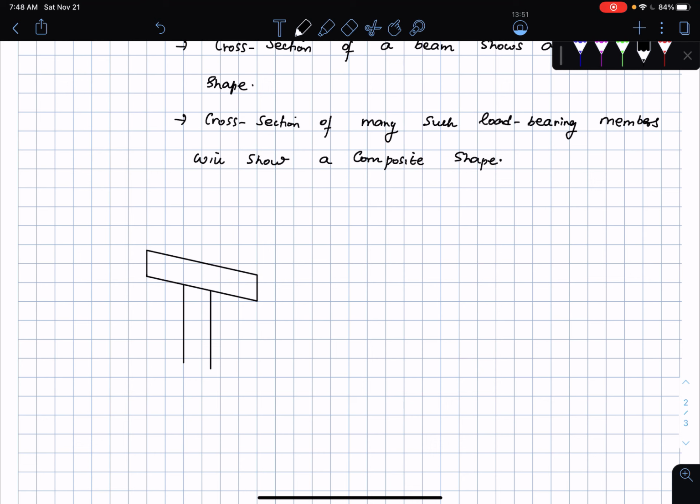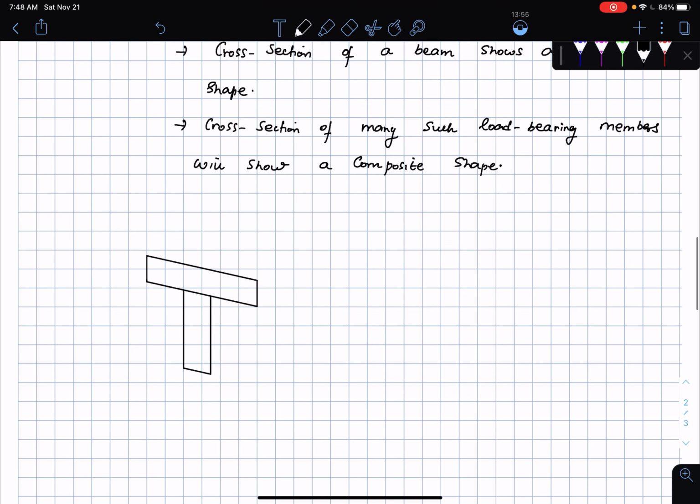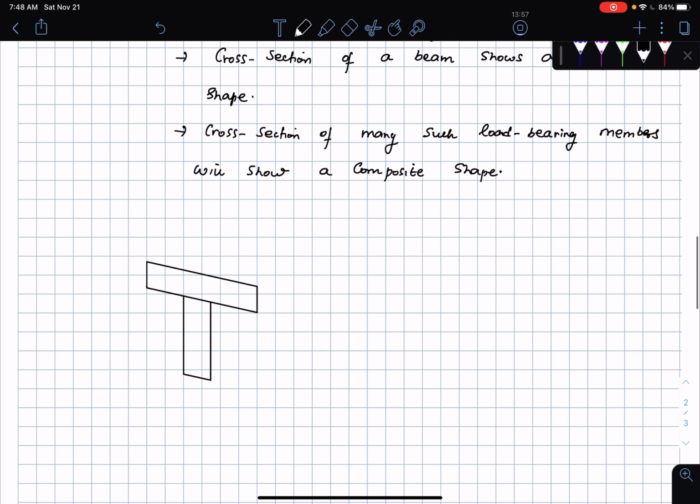Join these two together. And now I'm going to give it a little bit of depth here. So far so good. And of course I'm not going to be drawing the full shape. I'm just looking at a small piece of a T section.